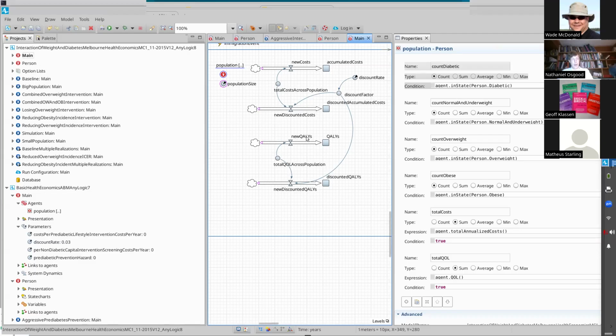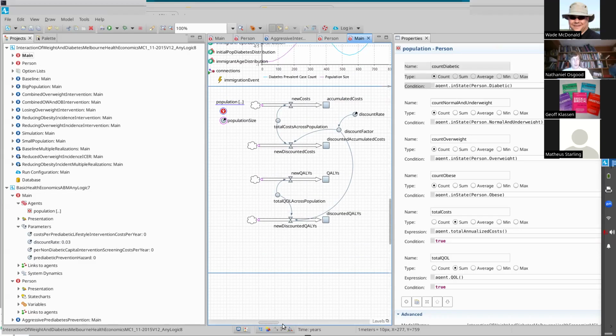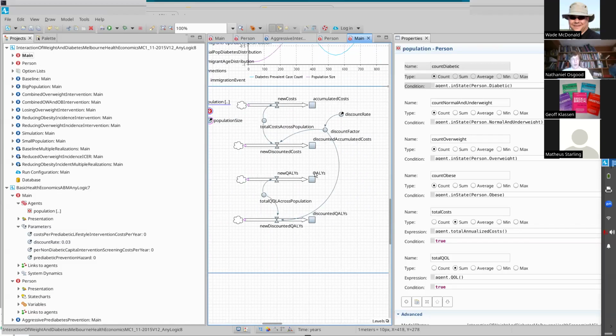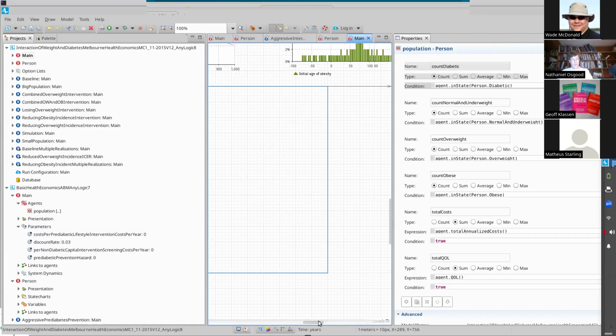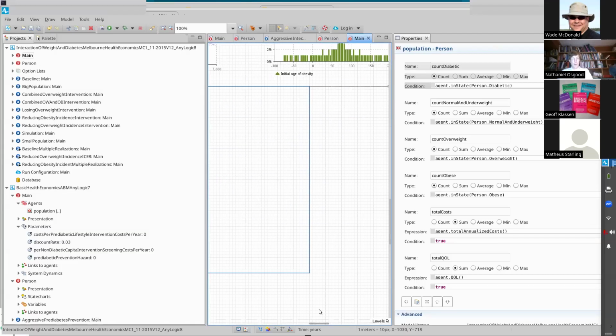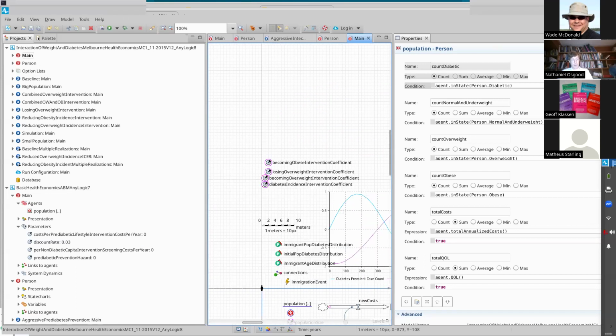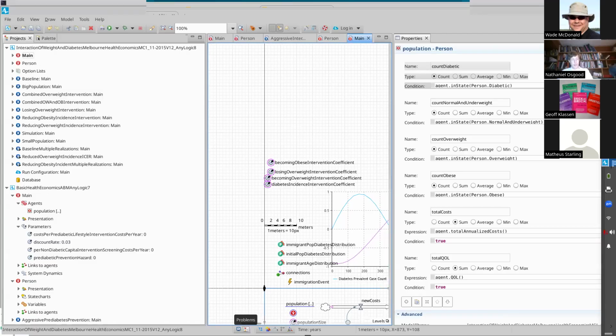It looks like here we're not accumulating life years, interestingly, I guess by stakeholder request. We're just accumulating discounted QALYs, which is interesting. We also have some plots coming out regarding the results.